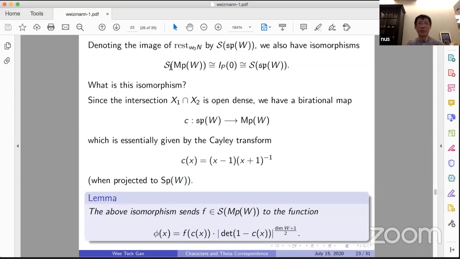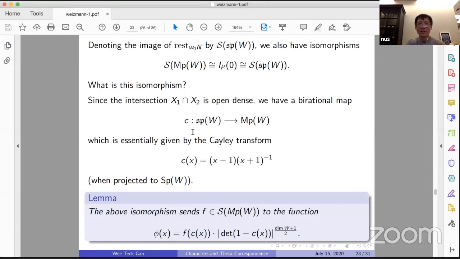So in particular, we can think of our test functions on MPW as a space of functions on the Lie algebra. Now we can ask what this isomorphism from the first term to the third term is, and the answer is it is basically a Cayley transform, although it's slightly twisted or normalized by this factor here.